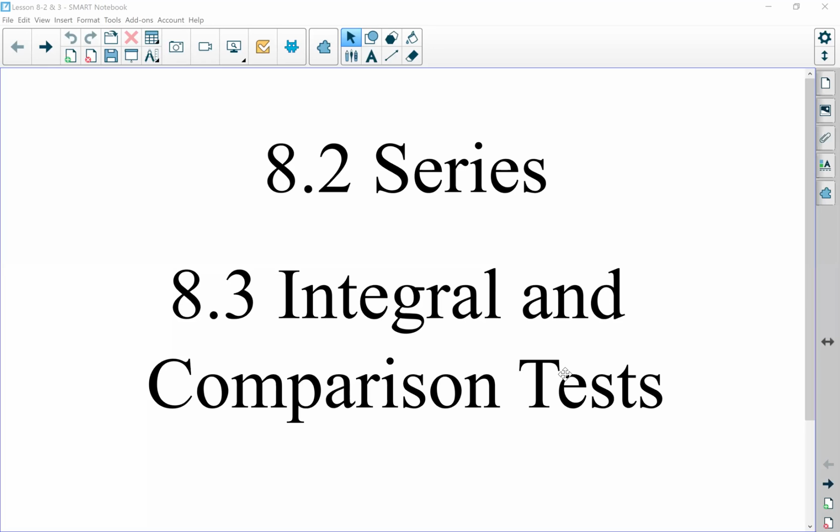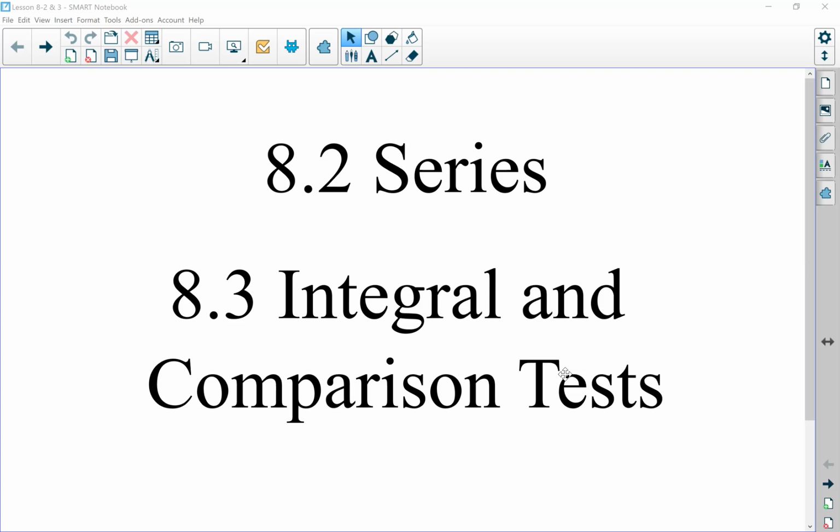So the last chapter that we're going to look at is chapter 8. The first section of chapter 8 is on sequences, which are boring, and which really aren't part of the AP curriculum. Basically, a sequence is just some set of values that follow a certain rule.